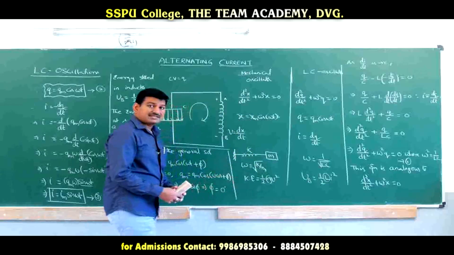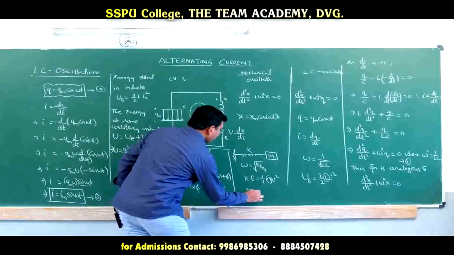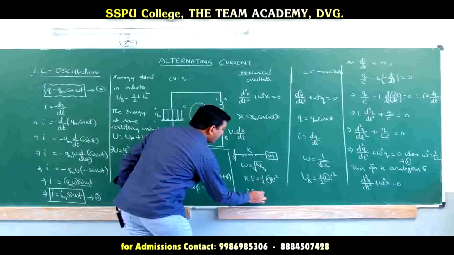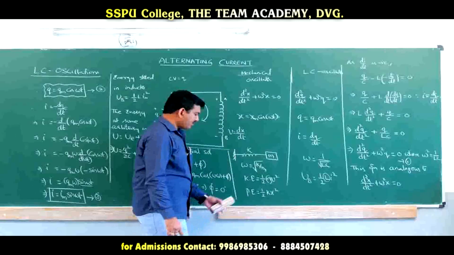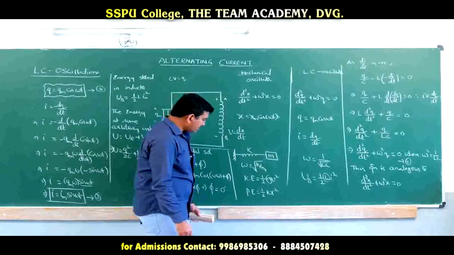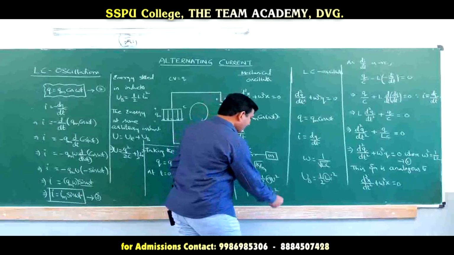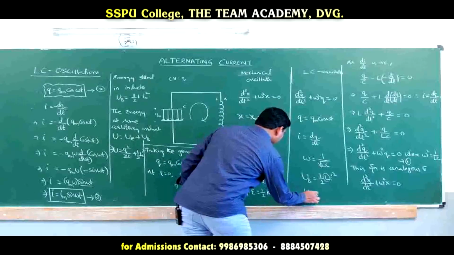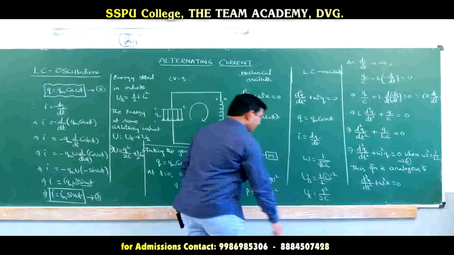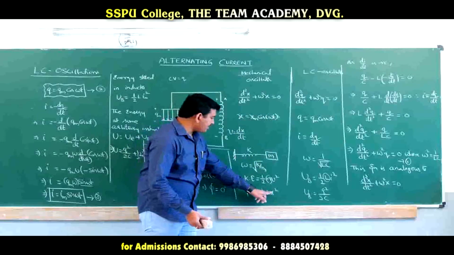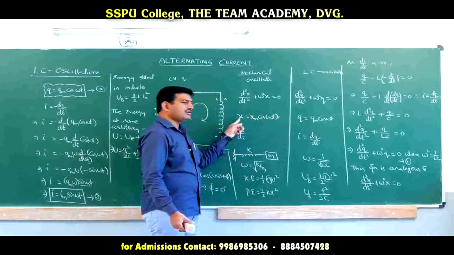And what about the capacitance case? Q²/2C we are having. Potential energy is equal to ½kx². Yes or no? This is the potential energy form, ½kx², and in this case the potential energy is Q²/2C. Now here x is replaced with what? Q. The charge is related to the displacement.